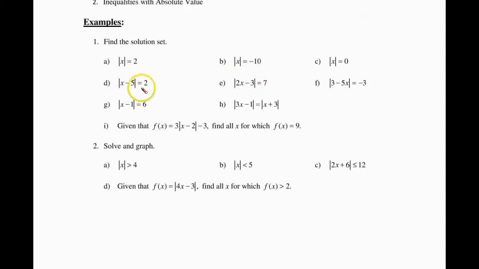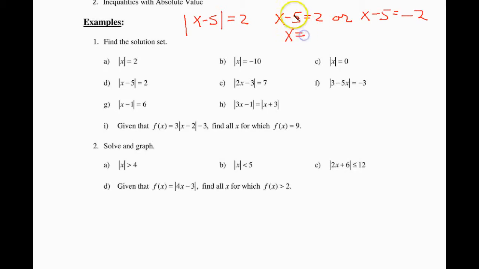Now, as we go into letter D, the absolute value of x minus 5 equals 2. So what will the protocol be for doing this? Well, as we said, you write it without the absolute sign, and you write it with the part on the right, the opposite sign, or the negative. Then you get these two equations and you just solve them.